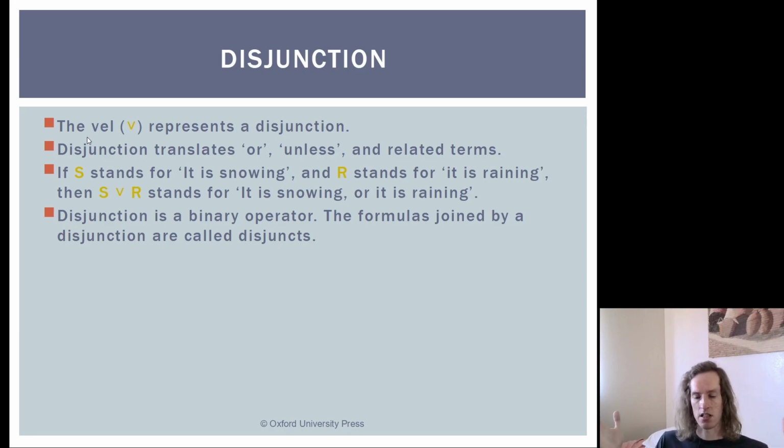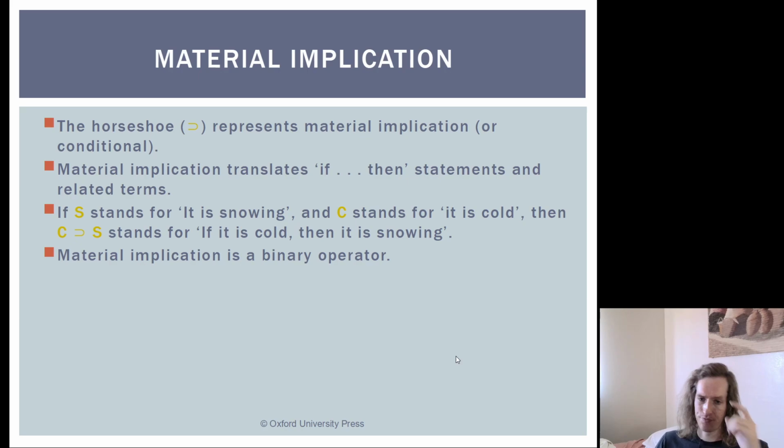Different sentences or different formulas will be logically equivalent to one another when we wouldn't ordinarily think of phrasing something in that way in English, but that'll allow us to see connections or get to conclusions that otherwise aren't as intuitive. So that's one of the benefits of symbolic logic.